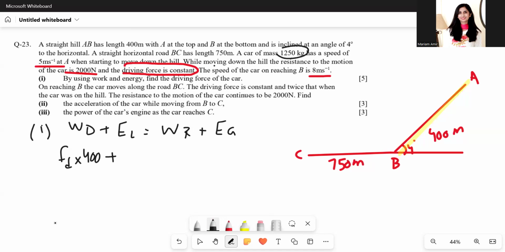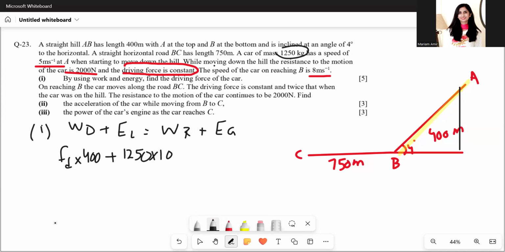M is 1250, g is 10, and the difference in height would be 400 cos 4, sine 4, sorry, is equal to work done by resisting force. The resisting force is 2000 times distance 400 plus gain in energy.